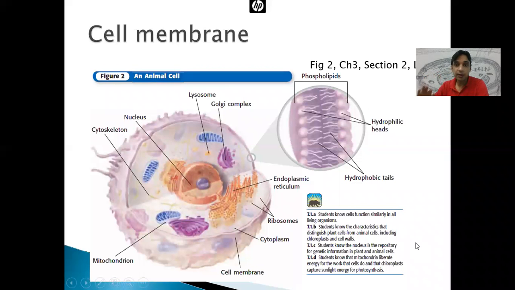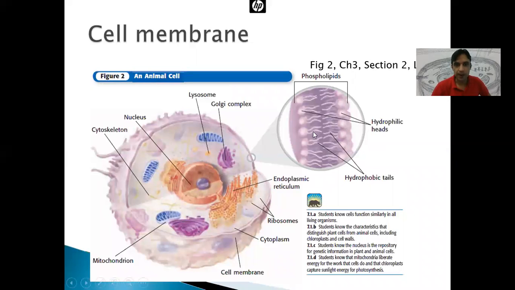Let's go back quickly to the cell membrane. It is made up of two layers of lipids, with hydrophilic ends and hydrophobic ends. Specifically, the lipid involved in the creation of the cell membrane is a phospholipid, a phosphoric acid containing lipid.